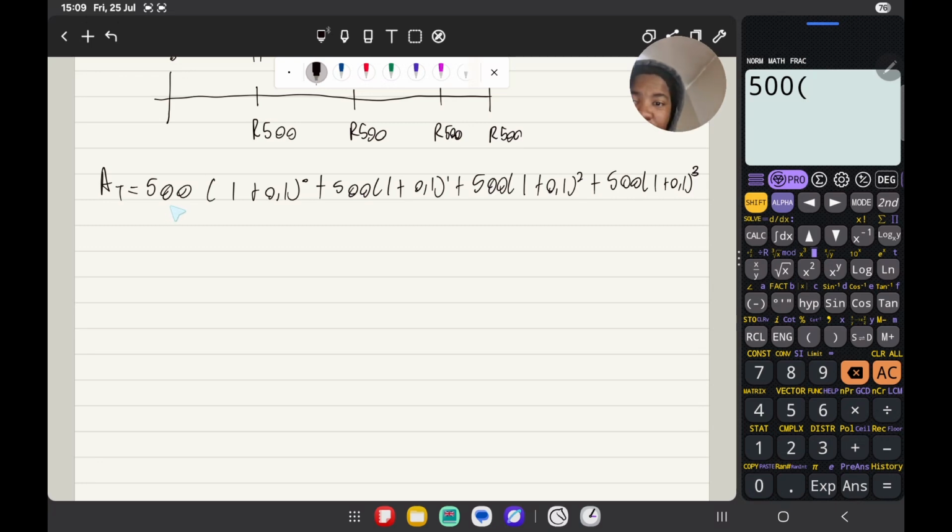I'm going to say 500 into, then I'll start adding 1 plus 1.1 plus 1.1 squared plus 1.1 to the power of 3, and that'll be it. This was just to not do a lot of inputting in the calculator.